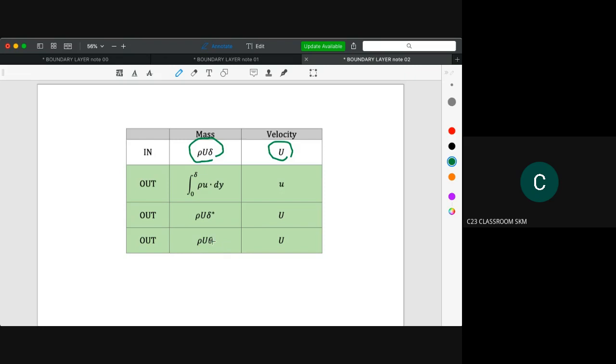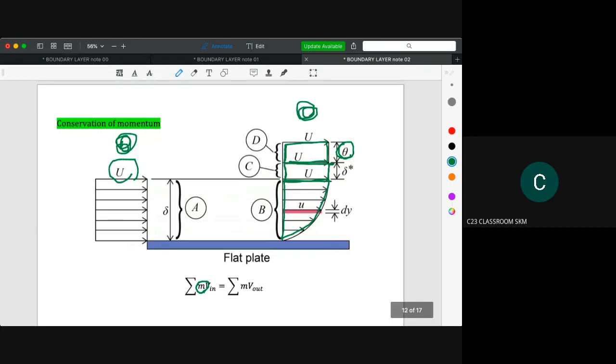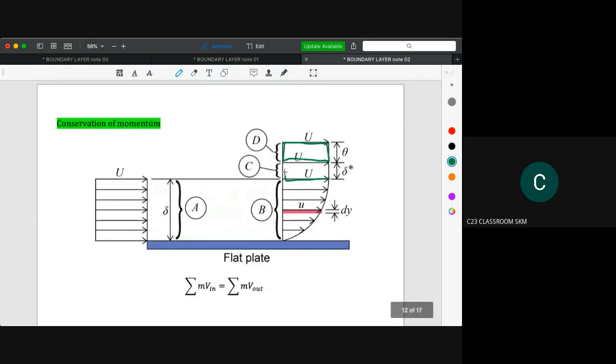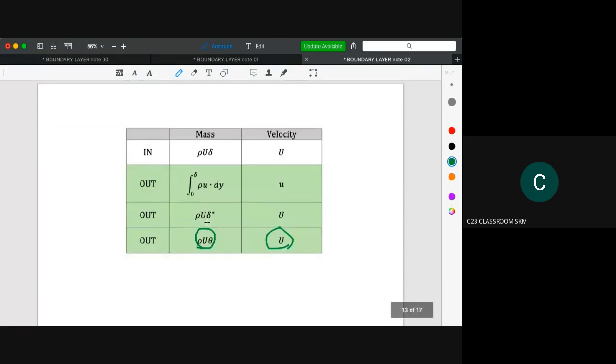The simple one is the top one here, rho u theta. Because it is a rectangular shape, we could calculate it easily, so we have rho u theta and the velocity is u. The second one is this area, also rectangular, so we calculate it as rho u delta star and u.